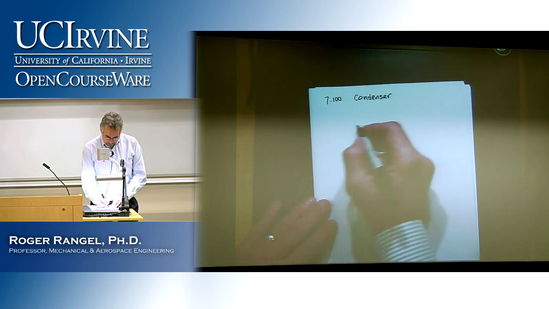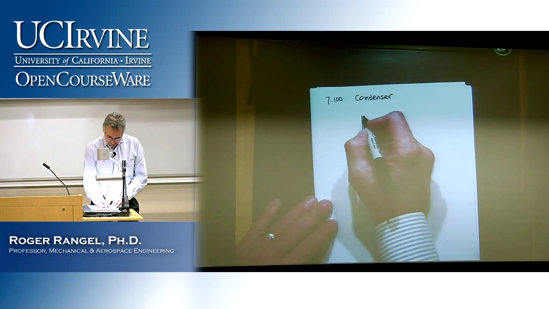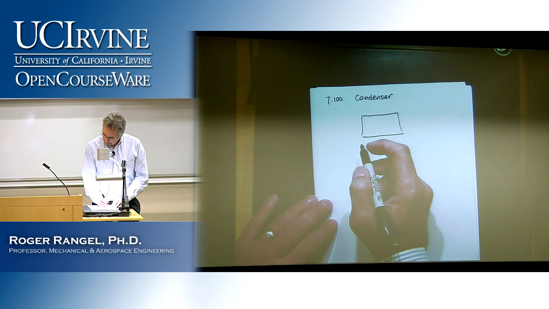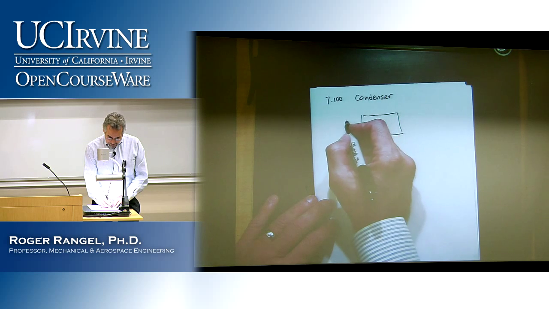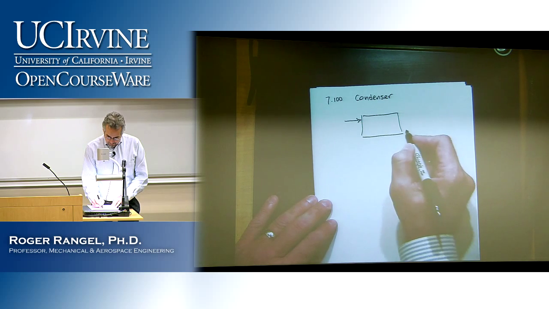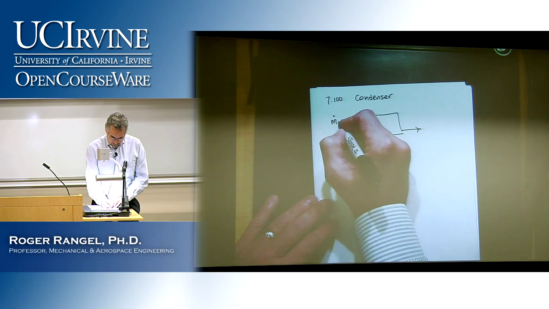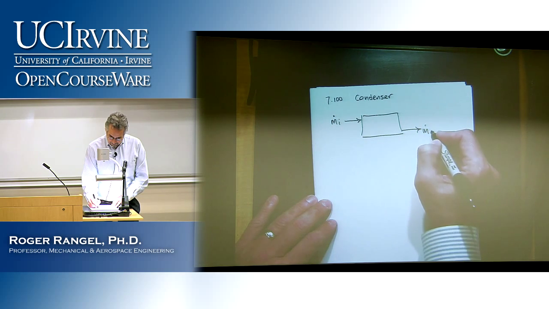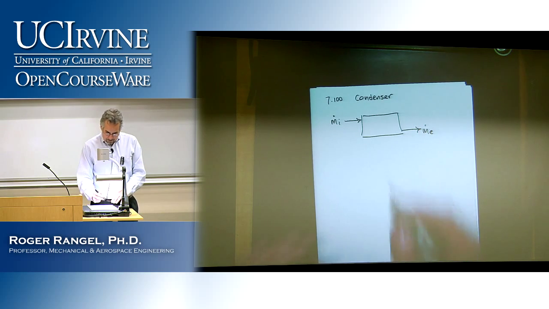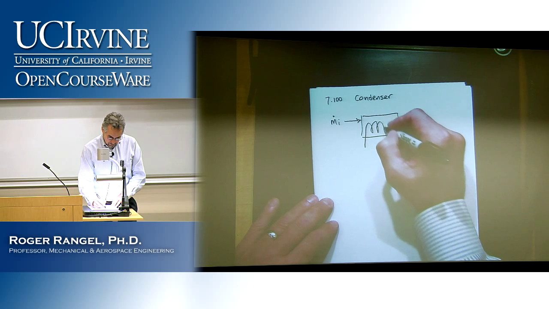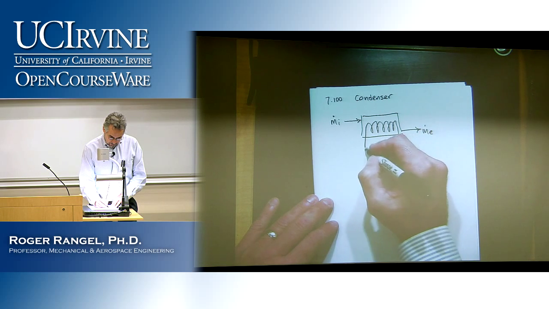And so let's do a little schematic of our condenser. There is an inlet, outlet, and there is some cooling water. So let's say that this is the cooling water.